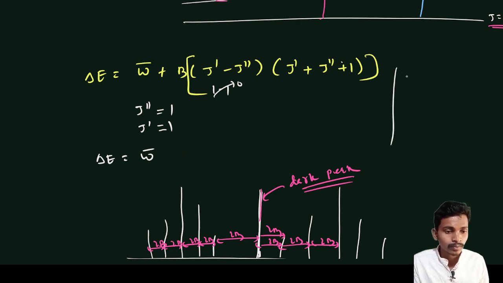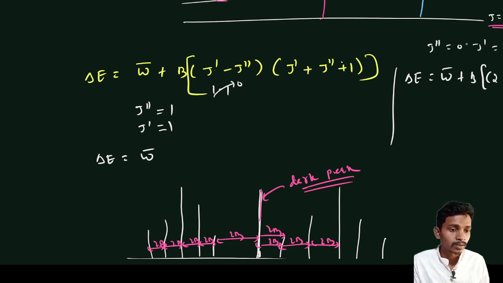Similarly, if I take 2, here I am taking j dash equal to 2 and j double dash equal to 2, then again 2 minus 2 is 0. So again I am getting omega naught only.